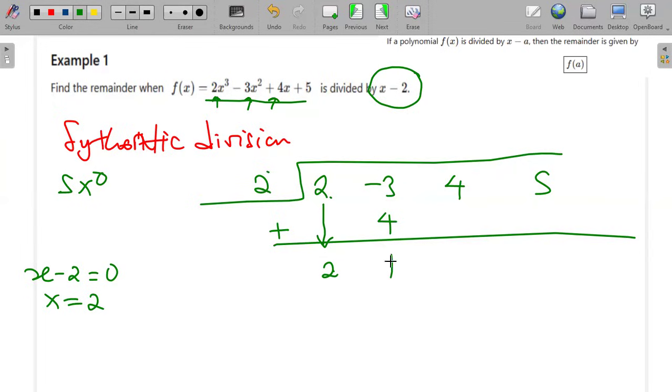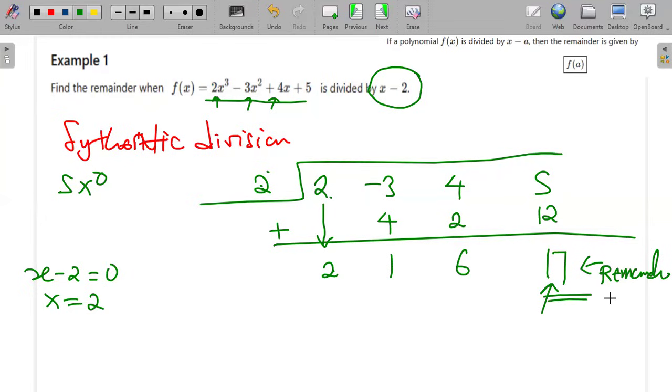Then 2 multiplied by 1, you're going to have 2. And then here you're adding 4 plus 2, that would be 6, right? And then 2 multiplied by 6, that would be 12. And then 5 plus 12, that would be 17. So the last number that you get here is always your remainder.